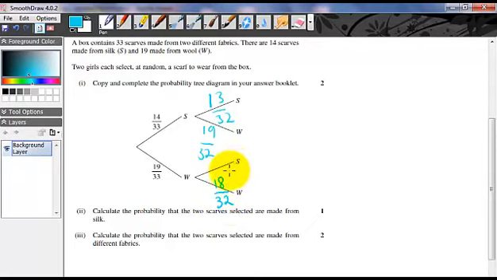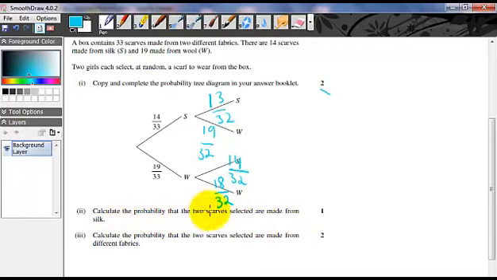Now the silk cases, you haven't selected a silk one yet, so there should still be 14 silk scarves left out of 32. Is that easy? That's it, you got yourself 2 marks.